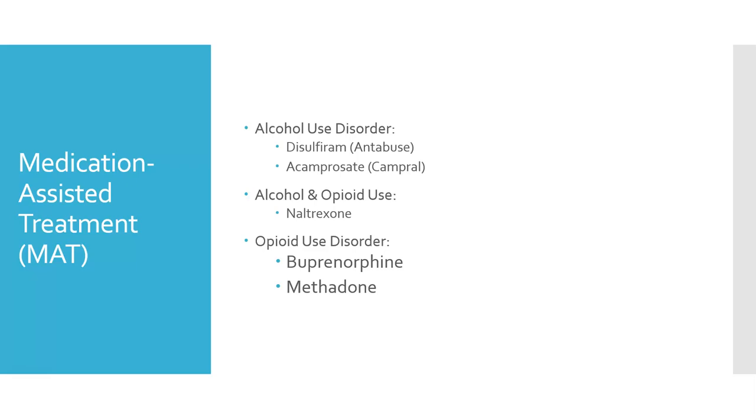Acamprosate, disulfiram, and naltrexone are the most common medications for treating alcohol use disorder. They do not provide a cure for the disorder, but they are effective for those who participate in MAT programs. These medications improve patient survival, increase retention in treatment.